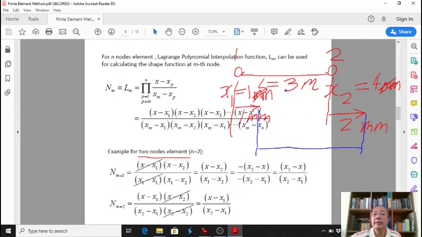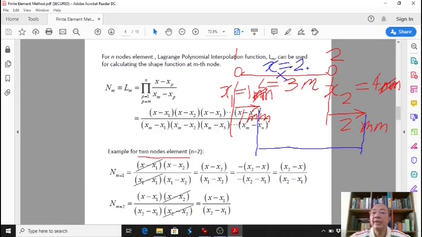Okay, we want to find what is the displacement here. So the displacement here is we want to find at x equal to 2.5. Oh, sorry.